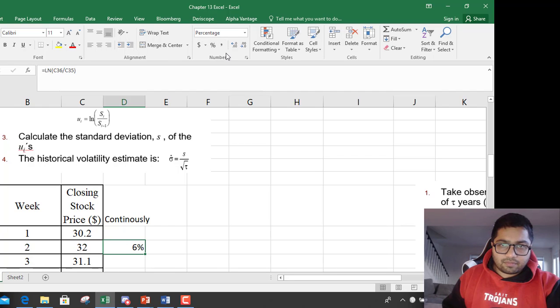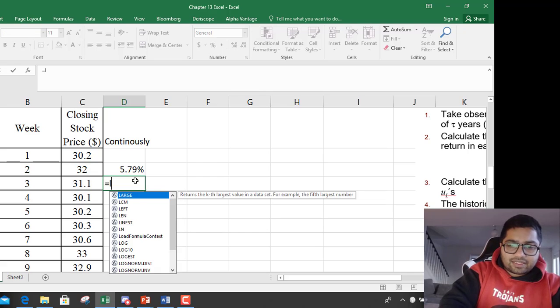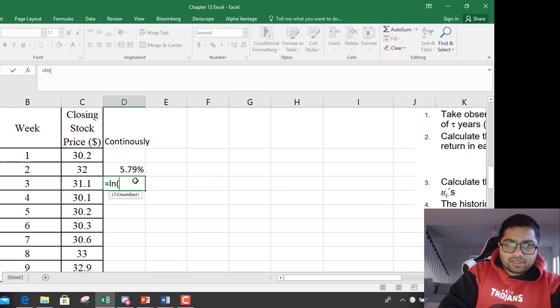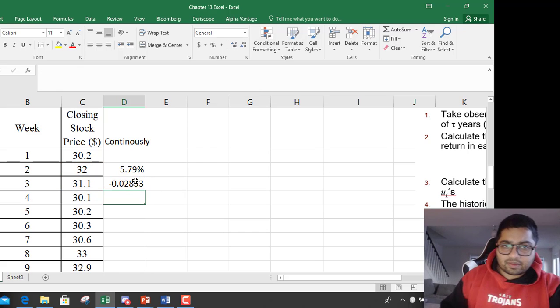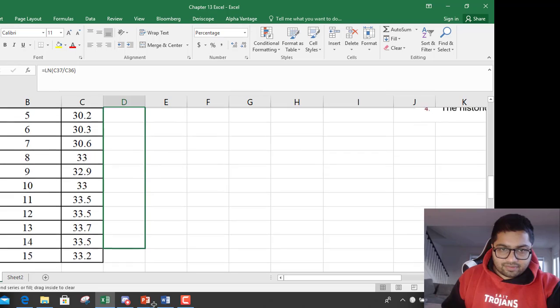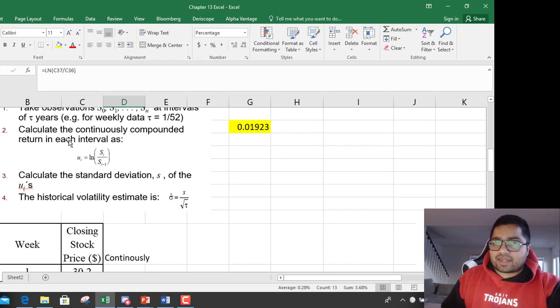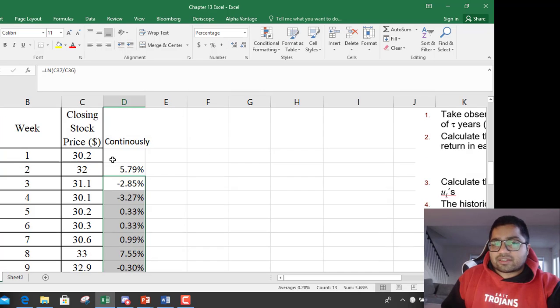So it is 5.79. Next period's return will be log normal, this divided by the previous value, negative 2.35, and so on and so forth. So I'm just going to drag it. Okay, so this was step 2, finding out continuously compounded returns.